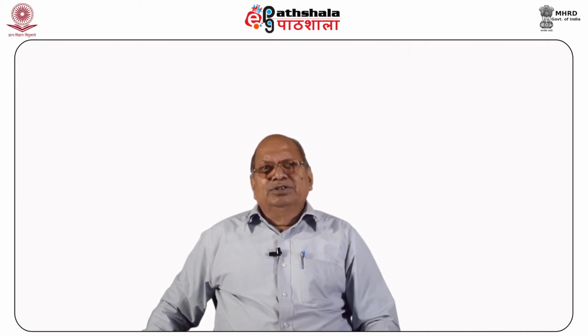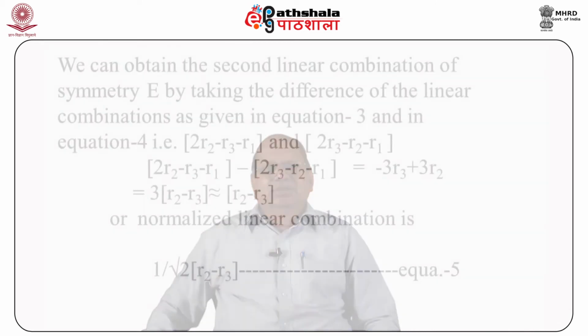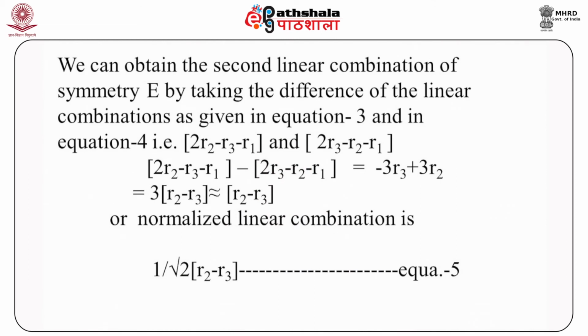Now, we can obtain the second linear combination of symmetry E by taking the difference of the linear combinations given in equation 3 and equation 4, that is 2R2 minus R3 minus R1, and 2R3 minus R2 minus R1. And by taking this difference and after normalization, we get the function as 1 upon under root 2 R2 minus R3, equation 5.